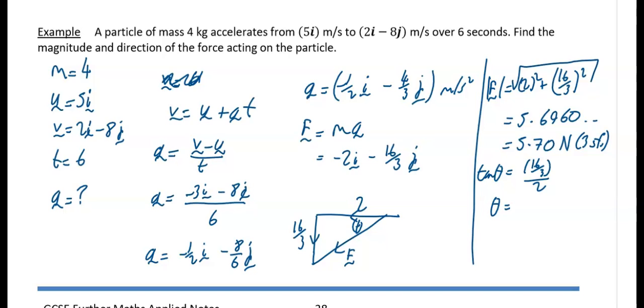Close your bracket, and I have got 69.4 degrees, and we'll say below the horizontal. Okay, that is us done.